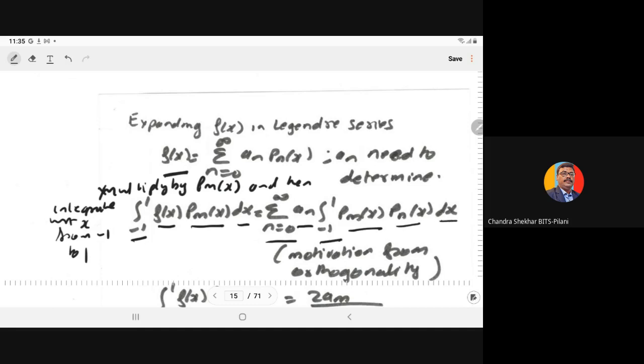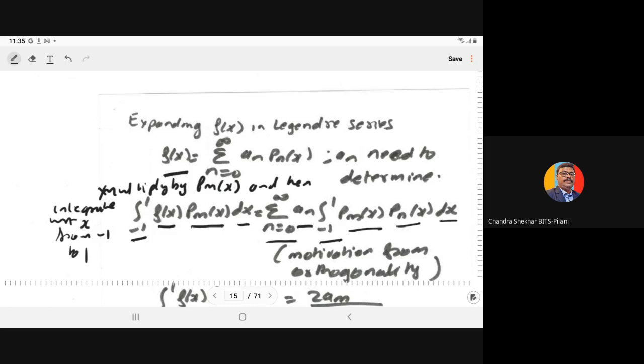And we know that integration and the summation are commutative in nature. So you can take integration inside the summation, or you can take integration outside the summation. So as per convenience, we are writing the integration inside the summation.